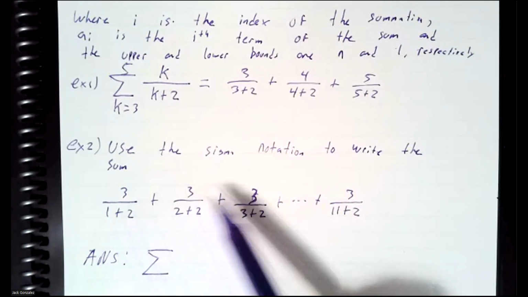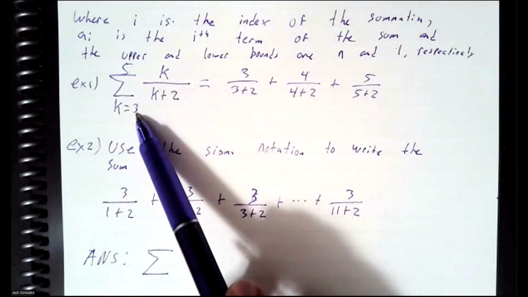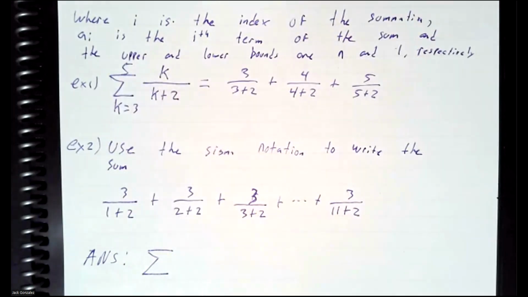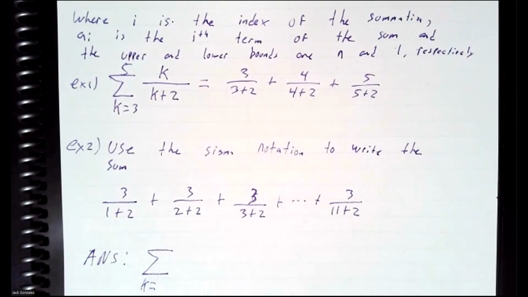So seeing the pattern, create this part and choose the starting and ending points. That's what you have to do. We'll use k, I guess. What do you think is a starting point?